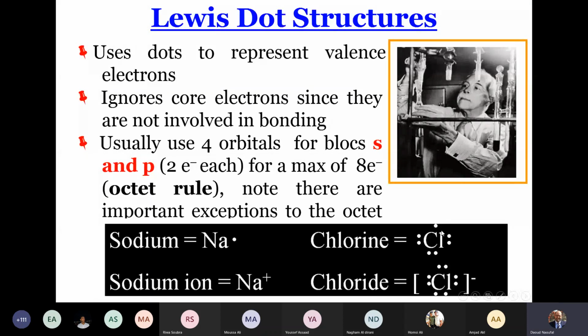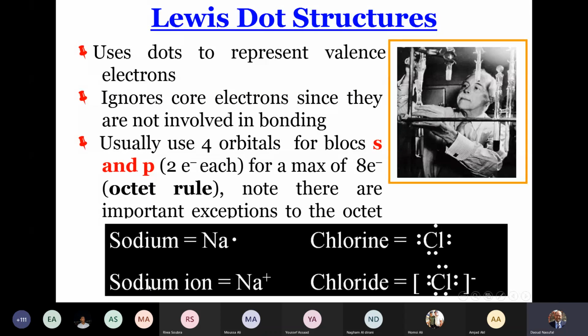So we obtain 4 rooms: 3 rooms containing 2 electrons, and 1 room containing only 1 electron. So this is to say that Cl has 2 plus 2 plus 2 plus 1, 7 valence electrons.